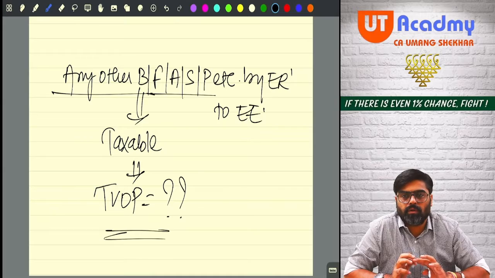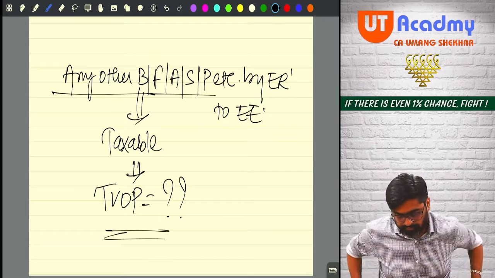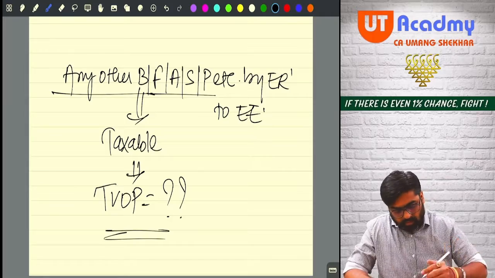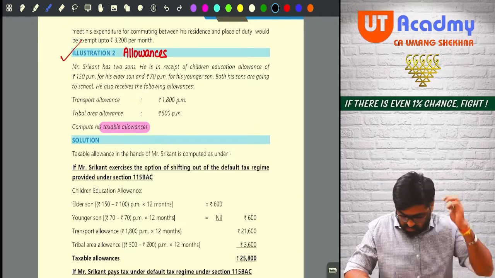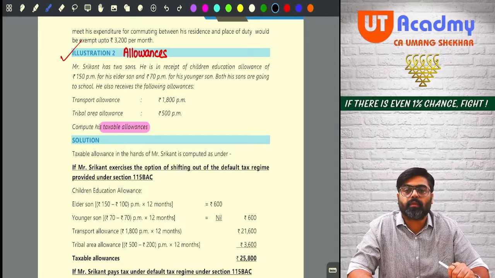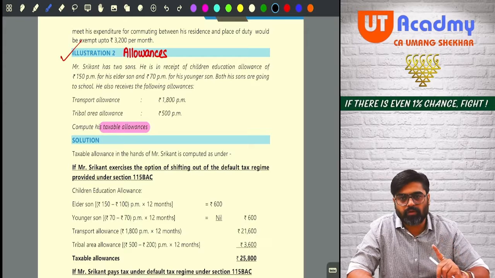We'll first try and solve few questions. And then we are going to do those two perquisites, right? Okay. So first we are going to solve few questions. Pay attention. Question number 2. So do you remember question number 1 we have already done? Illustration number 1, that is HRA. This 2 was remaining, no?